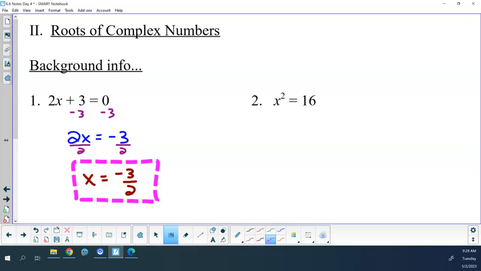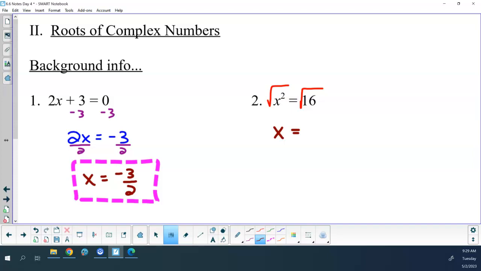Okay? What would you do over here? X squared equals 16. You could square root both sides, right? Okay? So if I square root both sides, what do I get on the left side? I get x. What do I get on the right side?